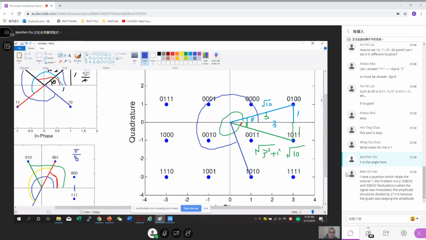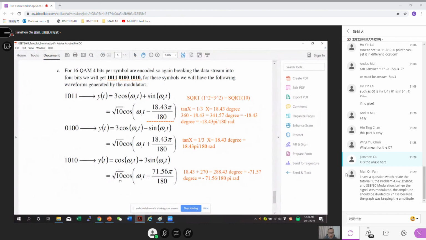We have to calculate the magnitude first. You can see the magnitude from here to here is 1, and from here to here is 3 again. So the magnitude for 1, 0, 1, 0 is square root 10 again.